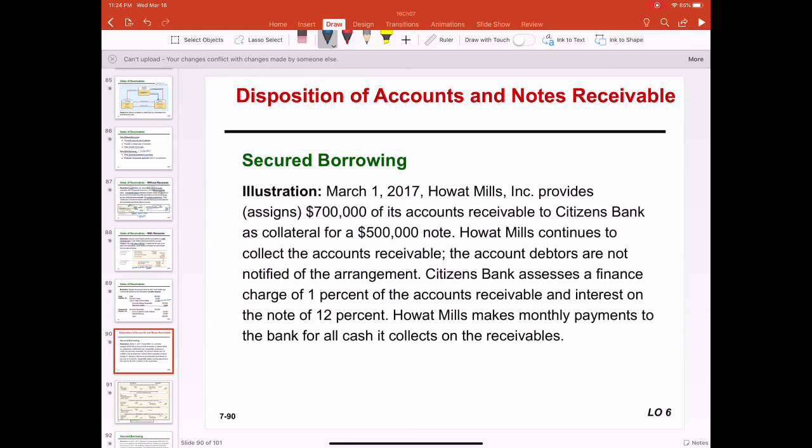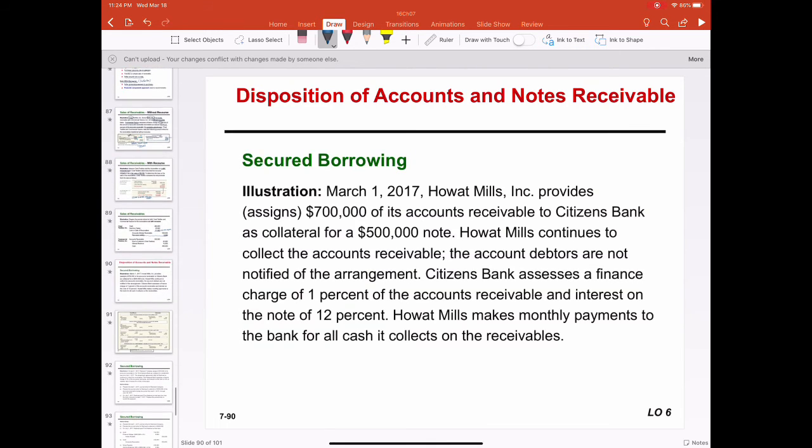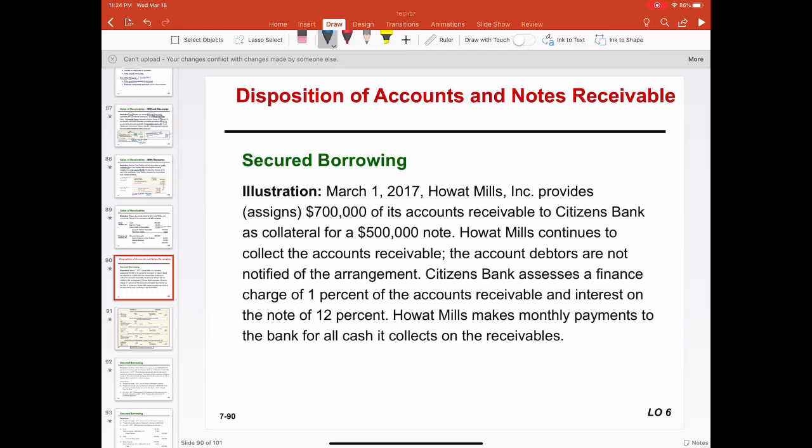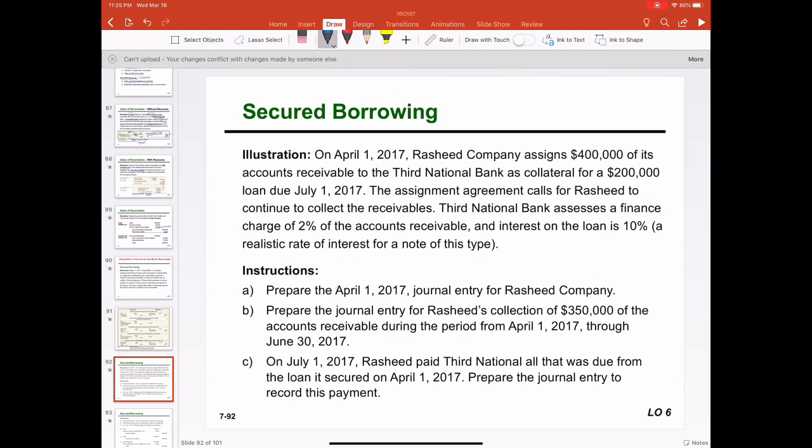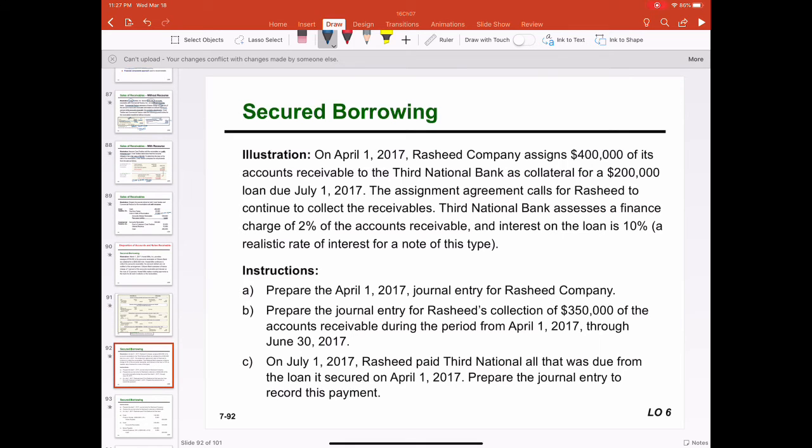Let me just use an example to discuss how to recognize this transaction. Okay. Please read this question. So Rashid firm assigned $400,000 accounts receivable, the book value of accounts receivable, as collateral for a loan of $200,000.